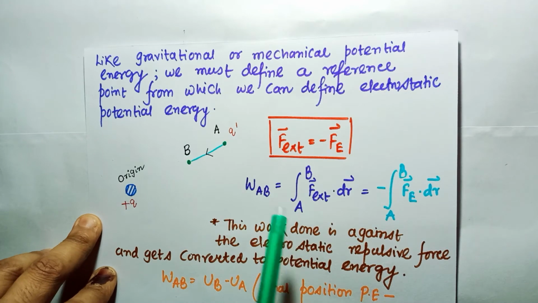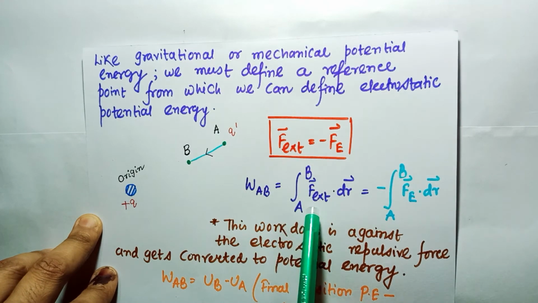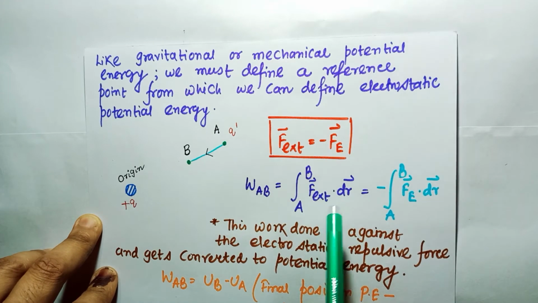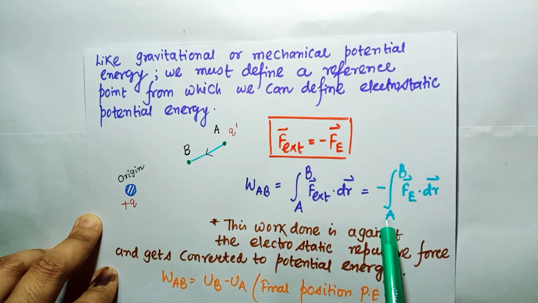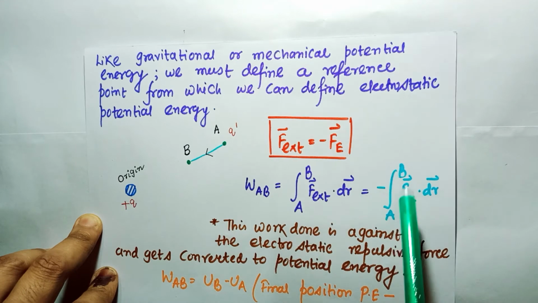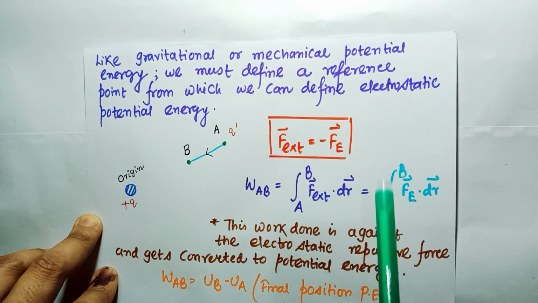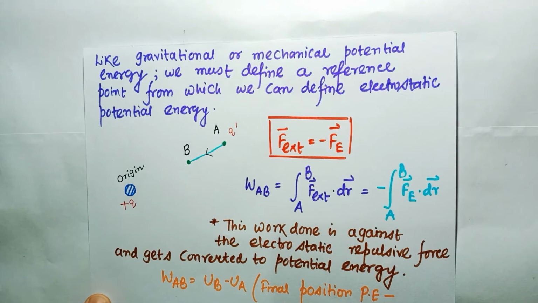The work done from A to B is the integral of F external dot dr. This is a dot product, a scalar quantity. It means minus the integral from A to B of F electrostatic dot dr, because F external is equal to minus F electrostatic. So this work done is against the electrostatic repulsive force and gets converted to potential energy.